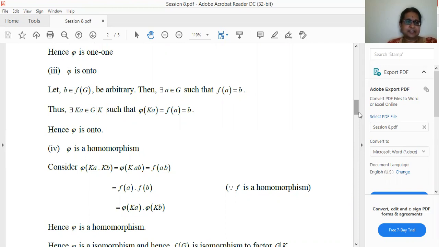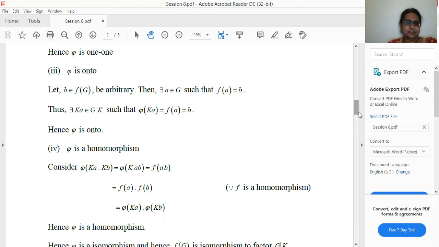That's what we are telling. Hence, phi is onto. After proving phi is well defined, we have shown phi is 1 to 1 and onto.